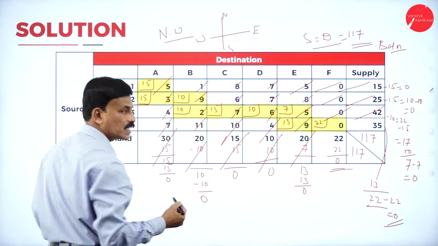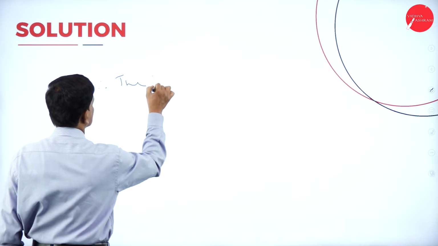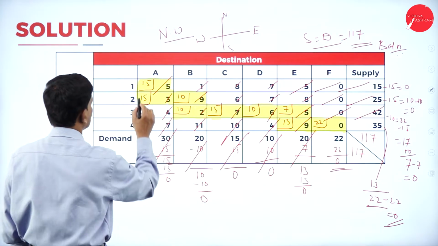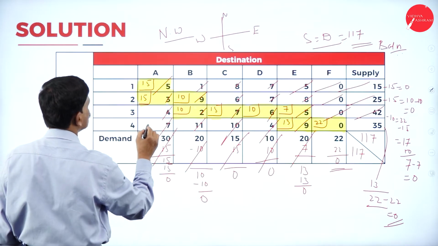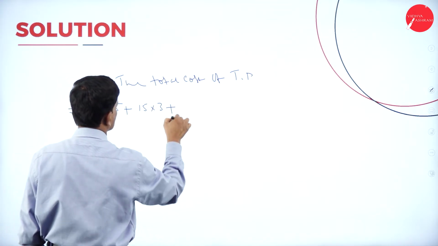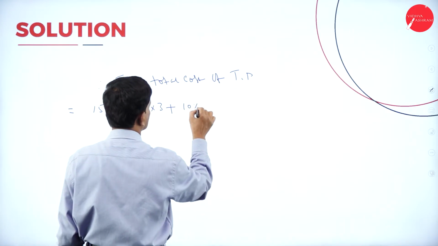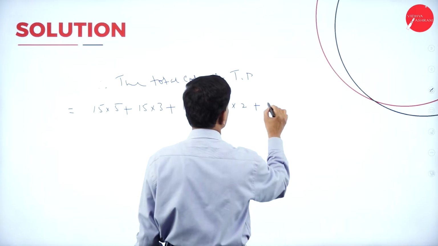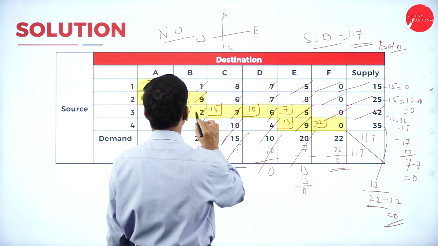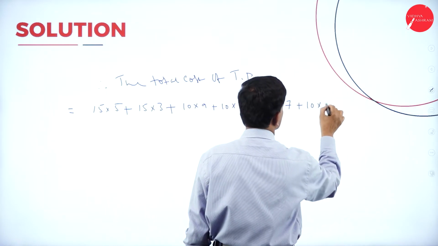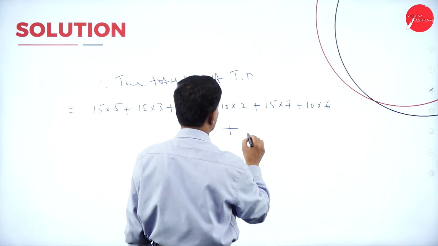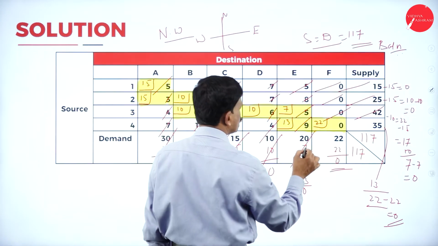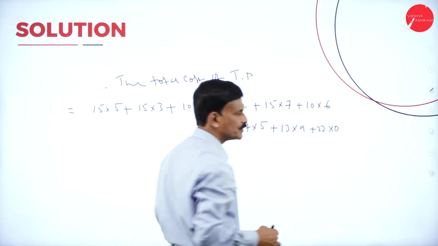Therefore, the total cost of transportation is equal to, let me multiply, 15 into 5 plus 15 into 3 plus 10 into 9 plus 10 into 2 plus 15 into 7 plus 10 into 6 plus 7 into 5 plus 13 into 9 plus 22 into 0. So these are the values.